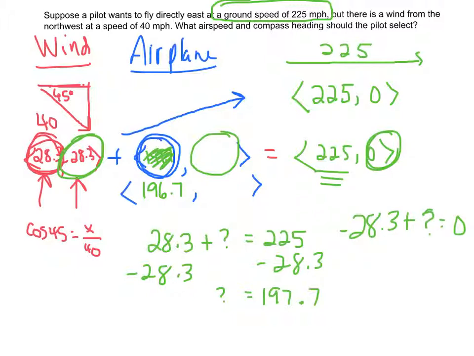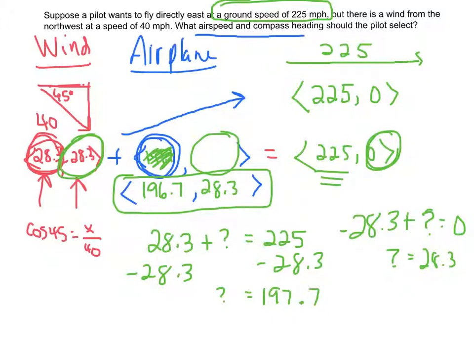If I add 28.3 to both sides, that tells me it should have had 28.3 miles per hour in the northern direction. So I have my x and y components of our airplane vector. It asks us what airspeed and compass heading that should be, so it's asking for magnitude and direction.